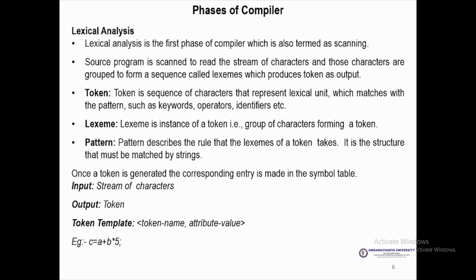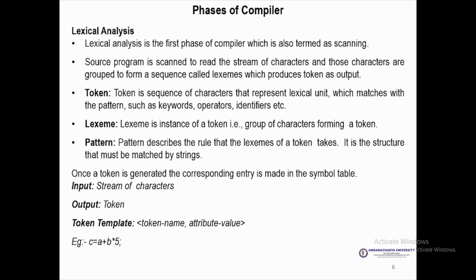The symbol table construction takes the input of characters and gives output as tokens, and the token template has two elements: token name and attribute.